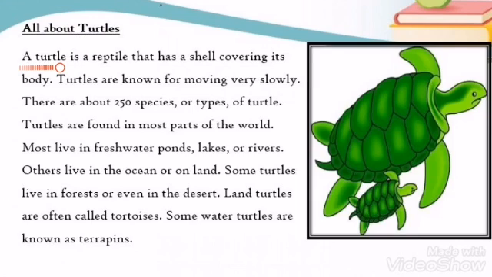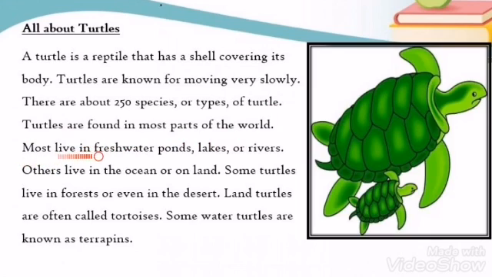My dear students, our passage is all about turtles. A turtle is a reptile that has a shell covering its body. Turtles are known for moving very slowly. There are about 250 species or types of turtles. Turtles are found in most parts of the world.